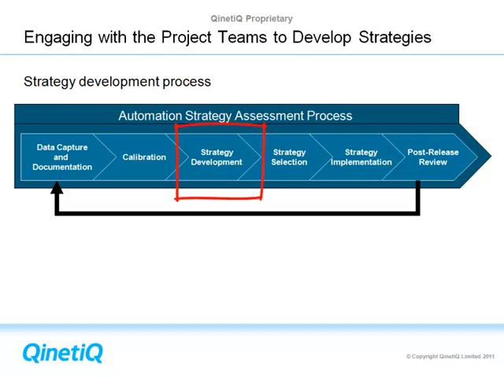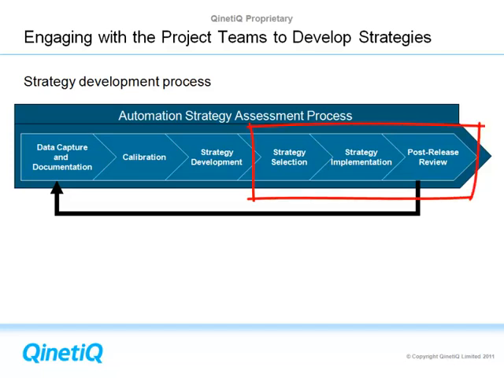Then it moves on to strategy development, and again this is done offline by the tool champion, who will go away and develop lots of viable potential strategies. And then these are fed back to the project team to say, these are the potential strategies, what do you think?